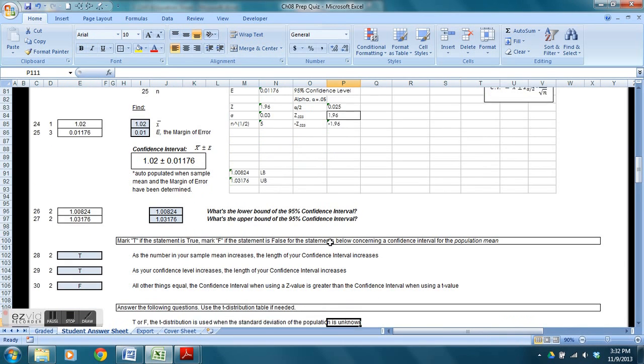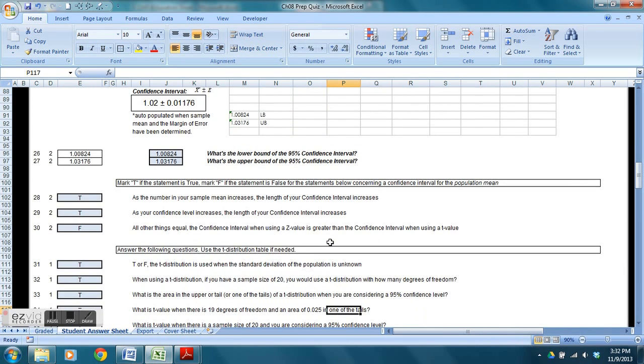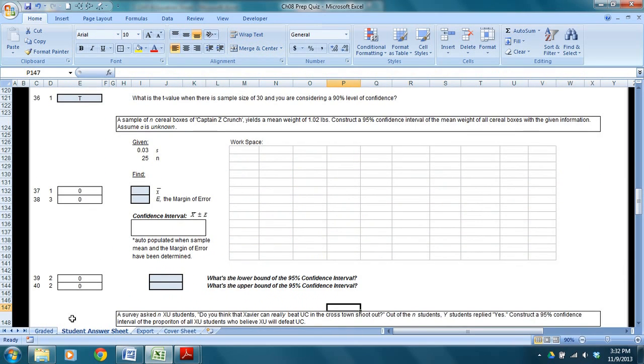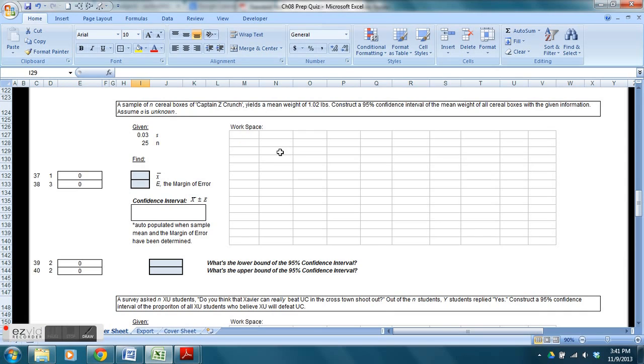Next question. Well, I have these true and false already filled out for you, but next computational question. Alright, second computational problem. This is virtually identical to the first problem, but in this case the population standard deviation is unknown, and instead of me giving you the population standard deviation, I give you the sample standard deviation.